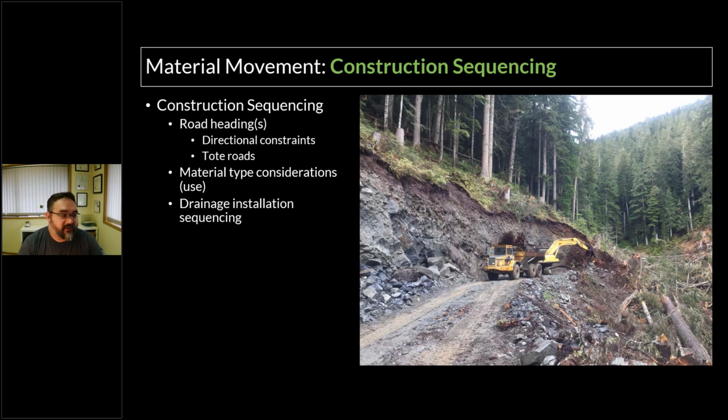The picture on the screen here is what we refer to as a single heading road. So that ground is steep, and that excavator is excavating the road prism as it goes. And it's so steep, he's even having to end haul the stumps and roots and grubbing material. So it's not possible for him to move forward material on that road simply.